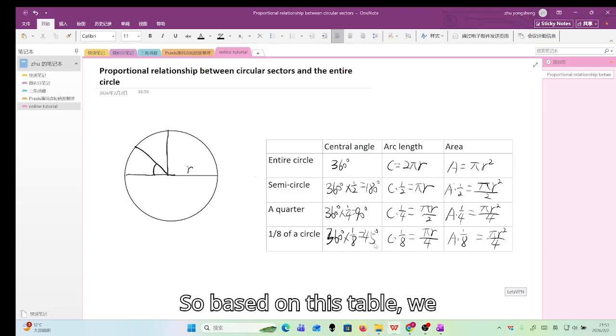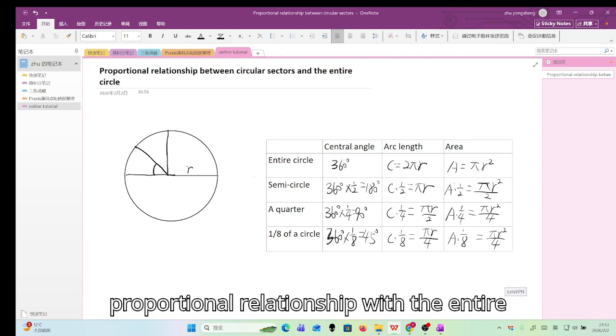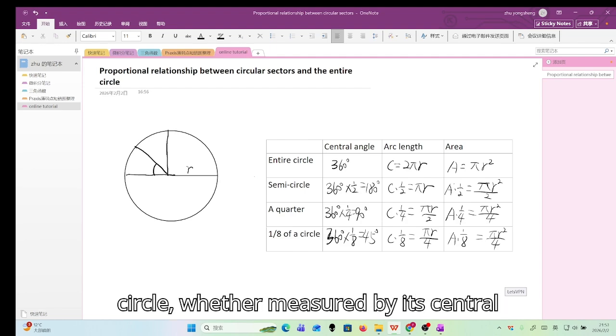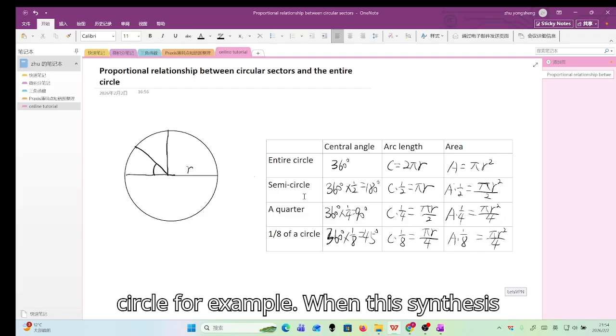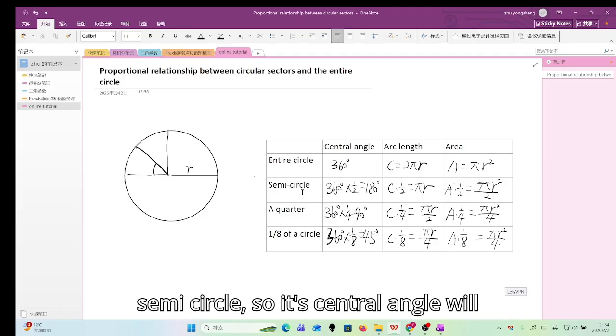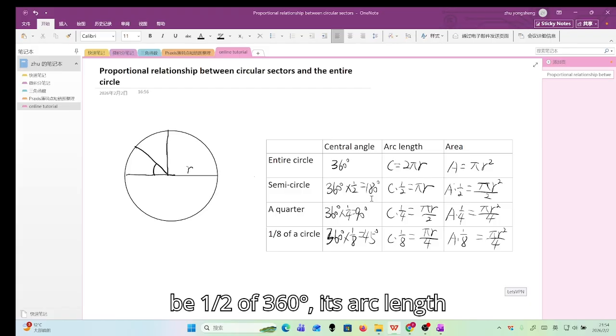So based on this table, it's clear that a sector maintains a constant proportional relationship with the entire circle, whether measured by its central angle, its arc length, or its area. Take a semicircle for example. Since it's a semicircle, its central angle will be 1/2 of 360 degrees.